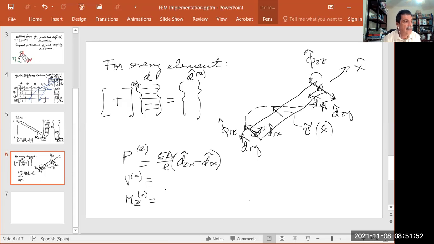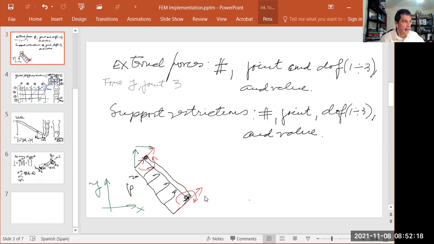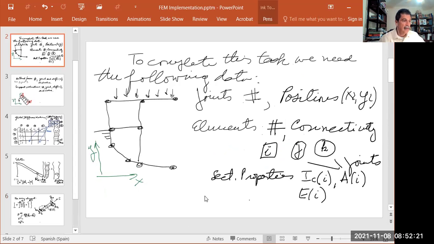You have something similar for these two, but these two depend on this and that value. Remember, in bending, you need the vertical displacement and rotation. In the in-plane, you need the axial displacement. In this case, for example, you could input as the property not only the inertia, but also the sectional modulus.